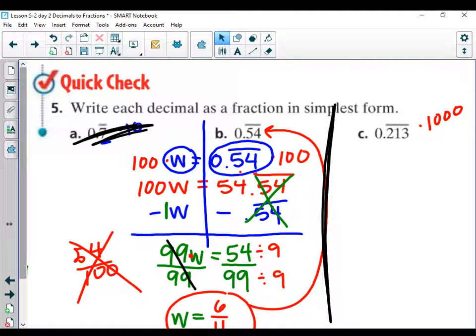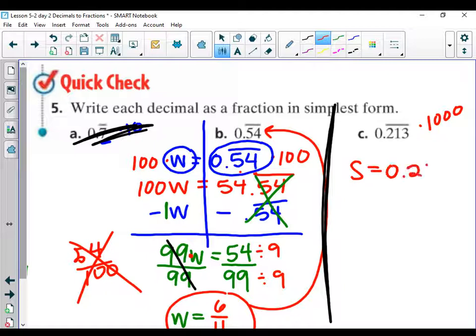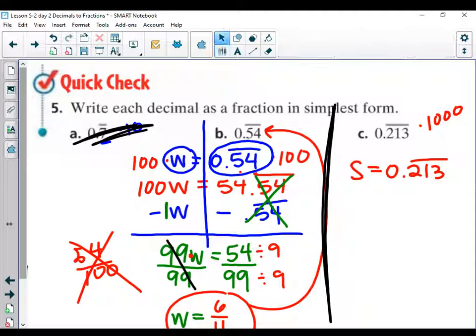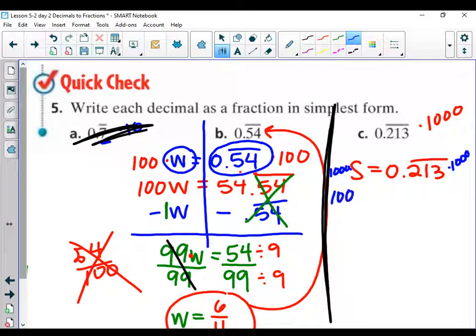Pick a letter, any letter. Maybe your name is Sally and you would like to pick an S. Multiply by 1,000 because there are 3 repeating numbers.